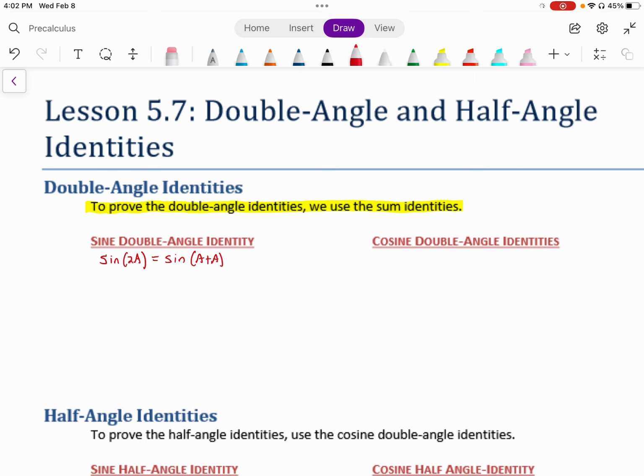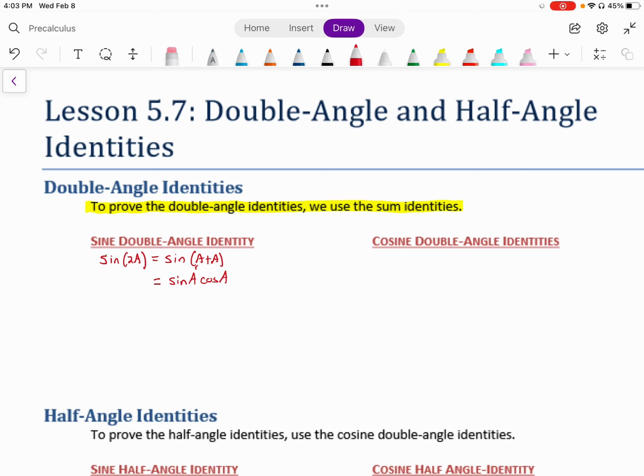But now we have this sine of a plus a, and that fits our sum identity for sine. And so we'll put that into our identity for sine.